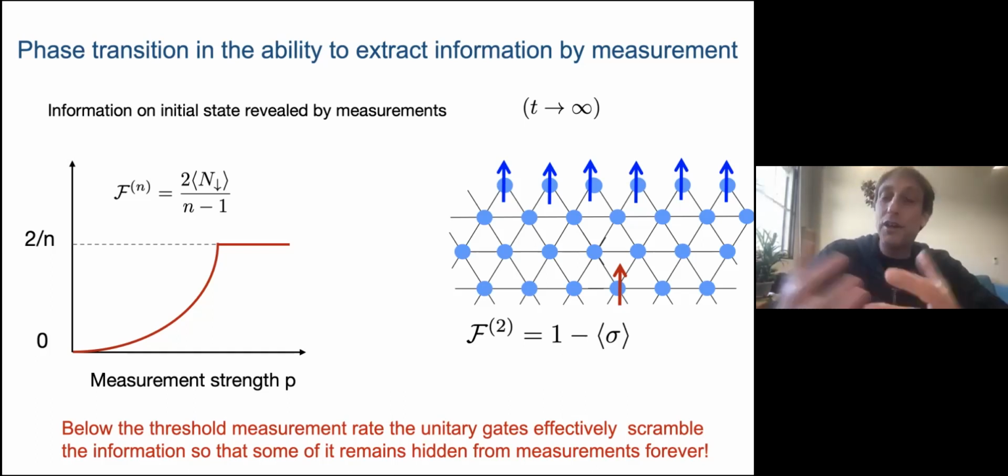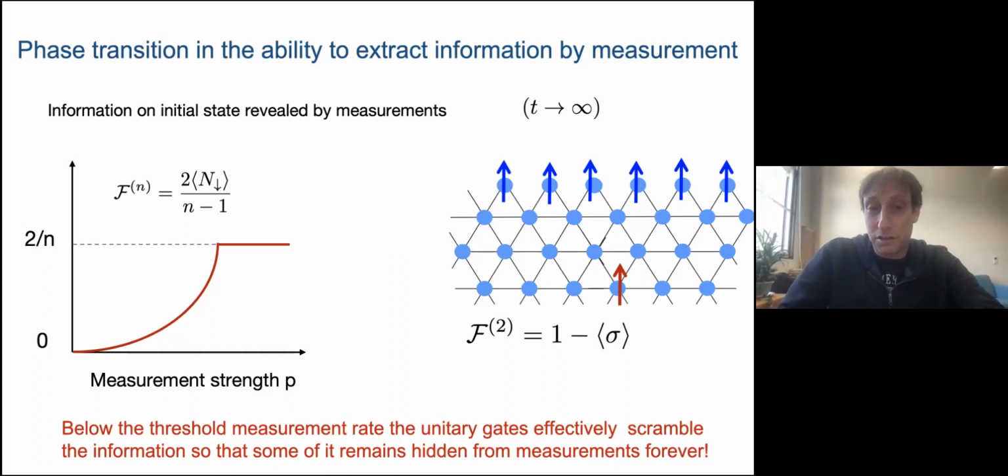So it's not clear what exactly the critical fluctuations are. People don't have a good handle on the critical point of this problem yet. But there certainly are critical fluctuations.